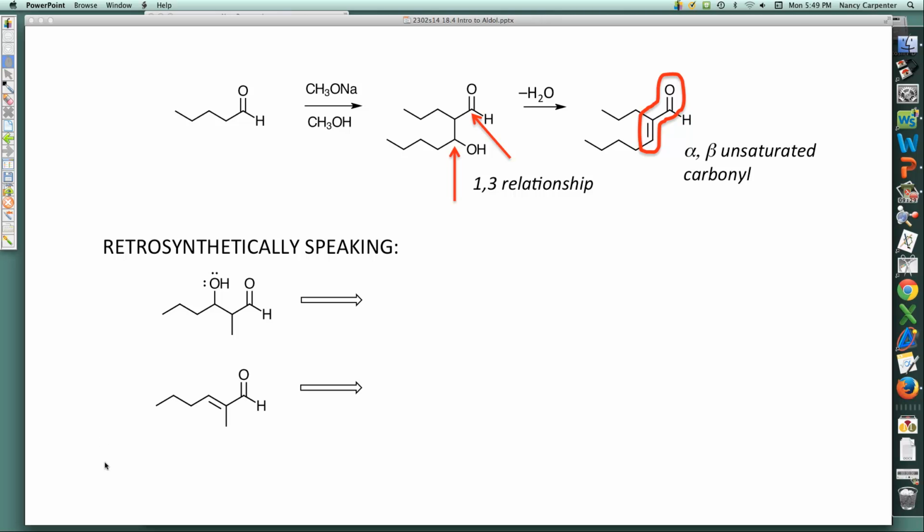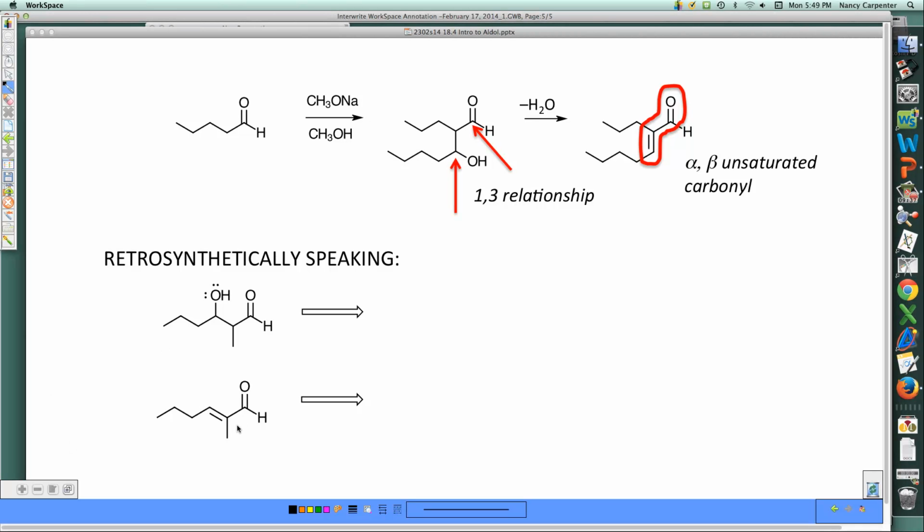If I have an alpha-beta unsaturated carbonyl, well, it's not quite as obvious. But if you remember that the alpha-beta unsaturated species came from an aldol, well, then you can write up the aldol precursor, the non-dehydrated precursor, and that would of course be this guy with that 1, 2, 3 relationship.